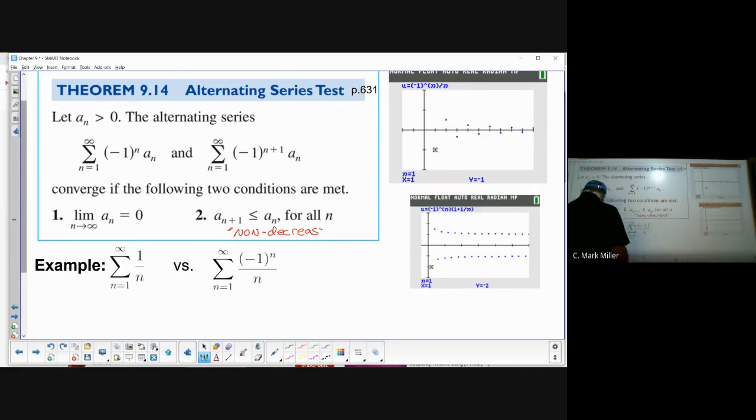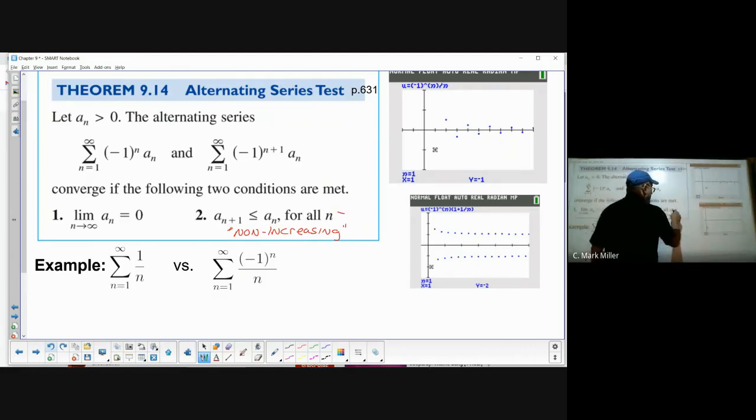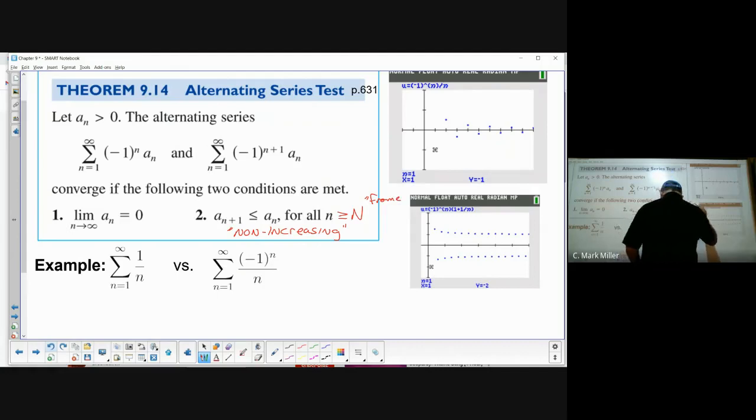No, non-increasing. Sorry about that. Fake news, non-increasing. And this says for all n, really, for all n greater than or equal to some big N, i.e. from some point on.